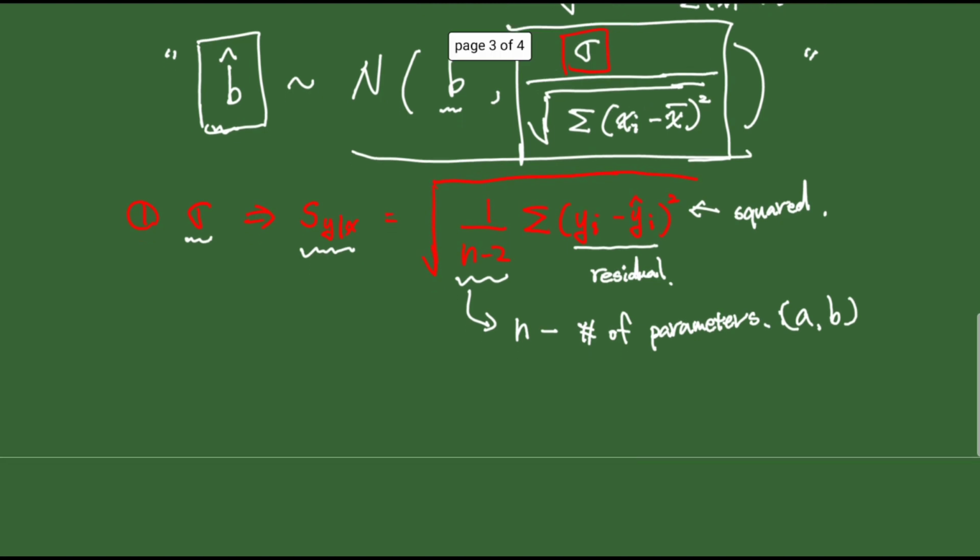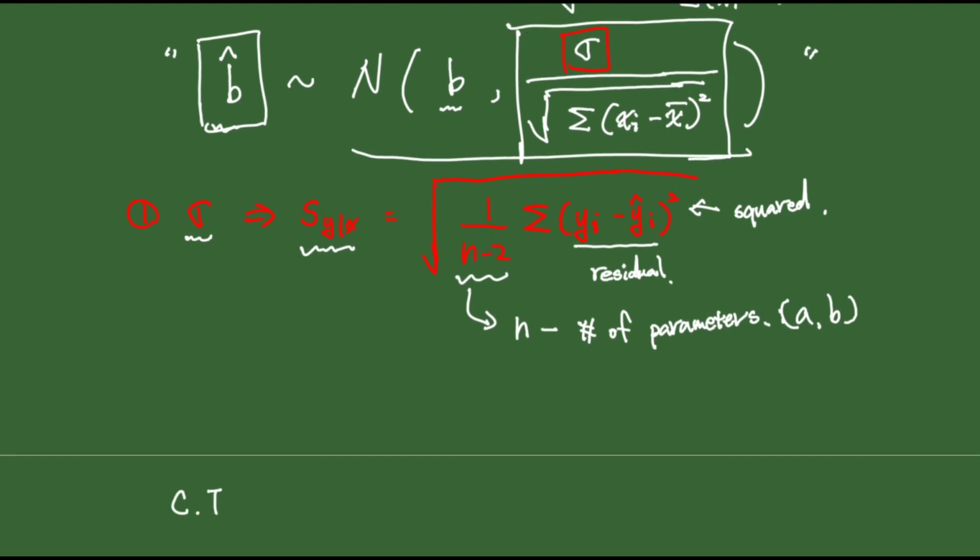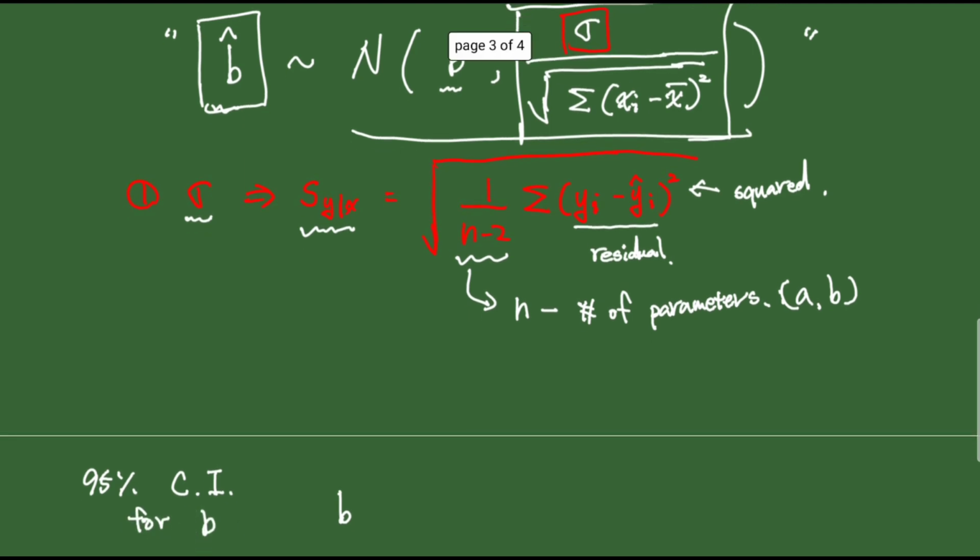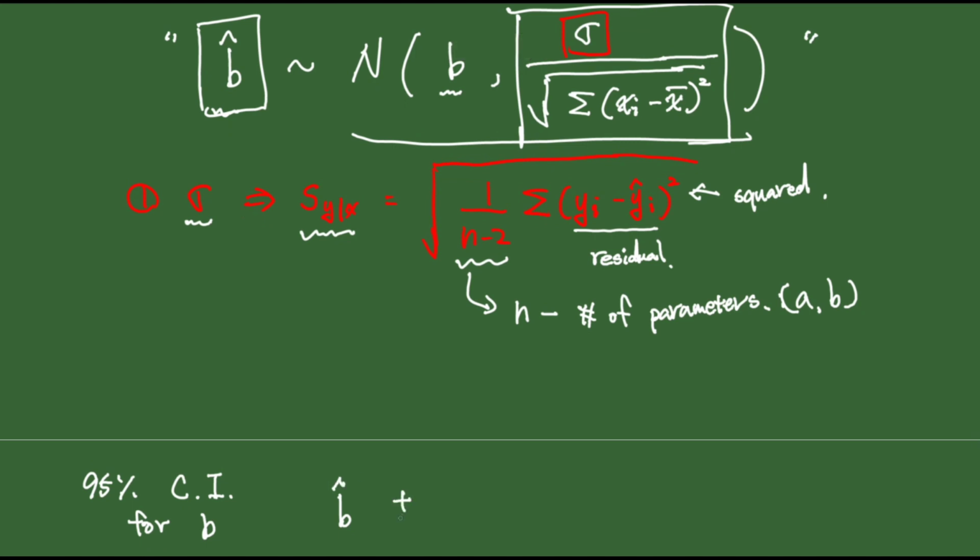So our CI, maybe the 95% CI for B, looks like this: B hat plus or minus the critical value for the t distribution, whose degree of freedom is n minus 2 and whose alpha is 0.05, since I want to construct the 95% CI.